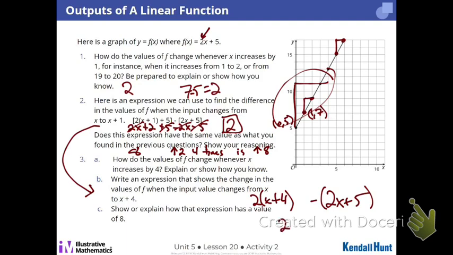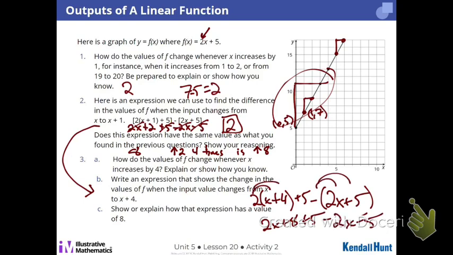So that's going to give me 2x plus 8... What did I do here? Something's not right. Oh, I forgot my plus 5 right here, y'all. Okay, so 2x plus 8 plus 5 minus 2x minus 5 when I distribute here.